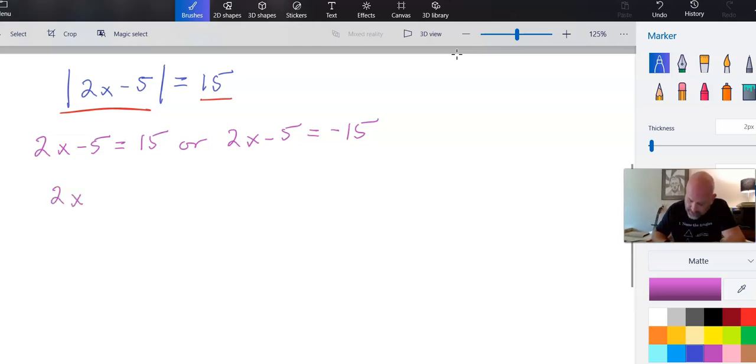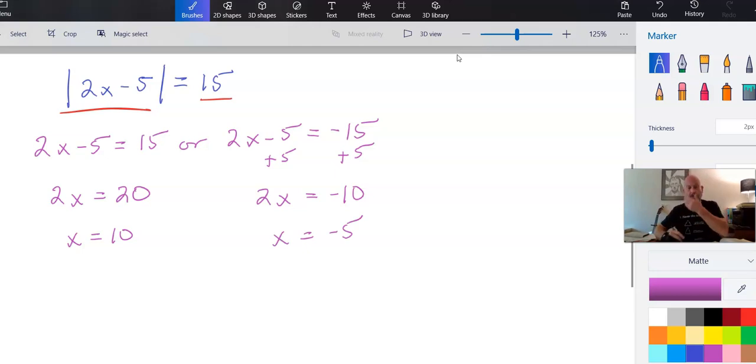So that gives me 2x is equal to 20. And then I divide by 2, and that gives me x is equal to 10. So that's one solution. And then over here, if I add 5 to both sides, that's a negative this time. So that gives me 2x is equal to negative 10. And then if I divide by 2, I get x is equal to negative 5.